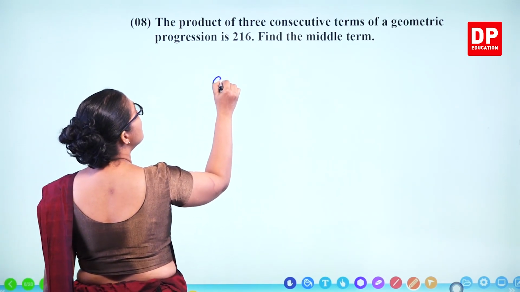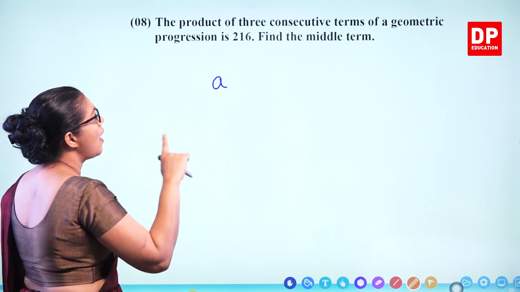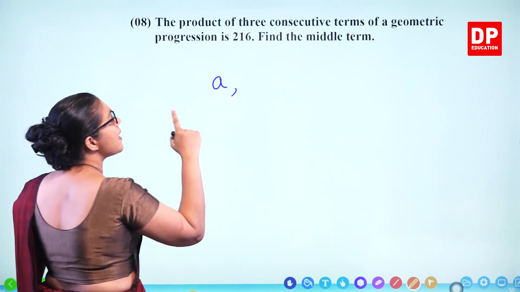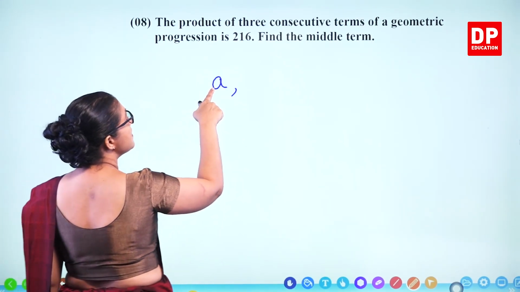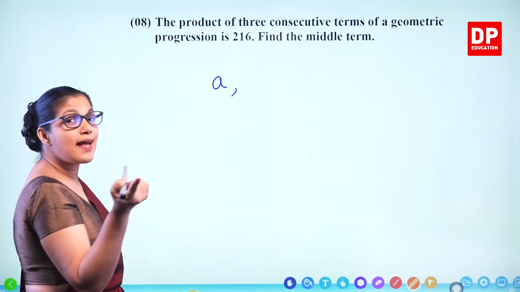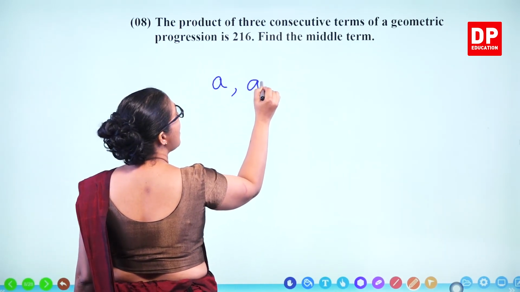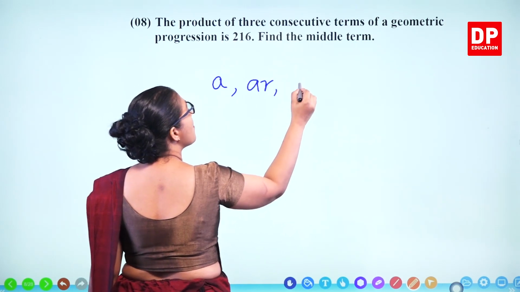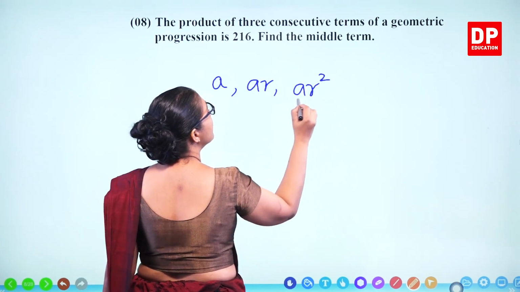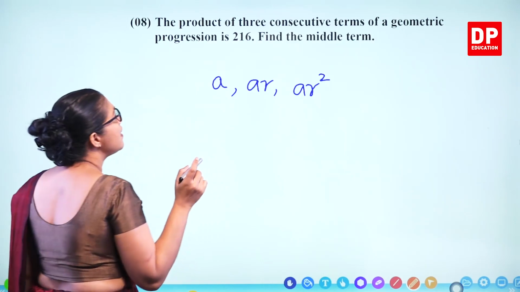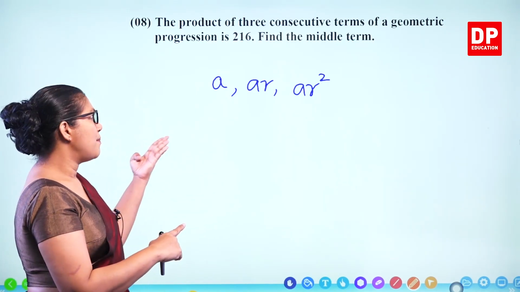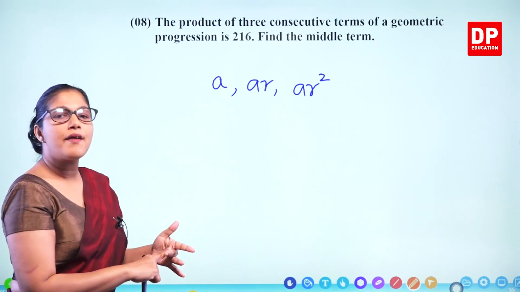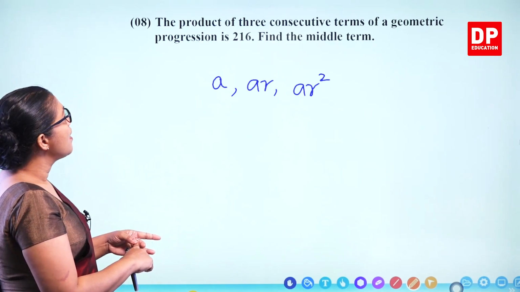If the first term is A and the ratio is R, the second term is AR, and the next number is AR squared. So these are the 3 consecutive terms, where A is the first number and R is the common ratio.